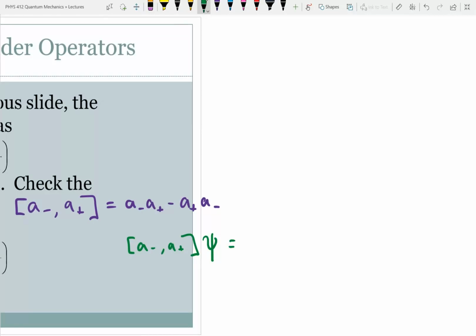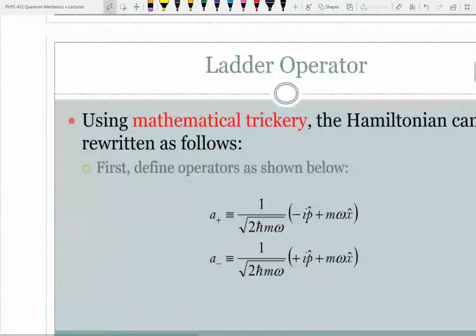So that's going to be a minus is 1 over square root 2 m h bar omega times a minus is plus i p operator plus, oh, crud. I can't remember.